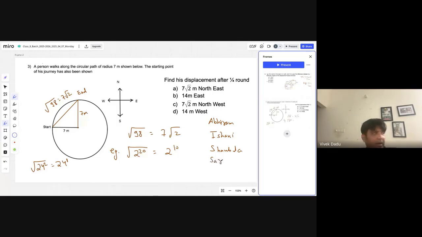Simplest radical form. Let's say I have the square root of 3 power 78. How much is that? No. Just write for 3 power. 3 power what?